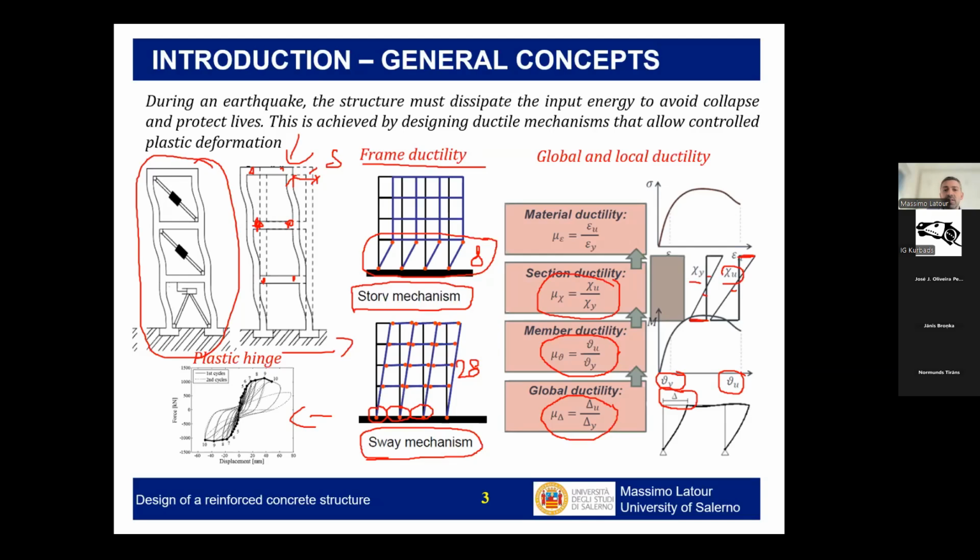And this section ductility will depend on the material ductility. So, the capacity for the material to have an elongation in plastic range. So, the ratio between the ultimate strain and the yield strain for the material. All these 4 aspects have to be controlled by us. It can look very complex, but this is what we will do with the application of all the design rules that we will see today.